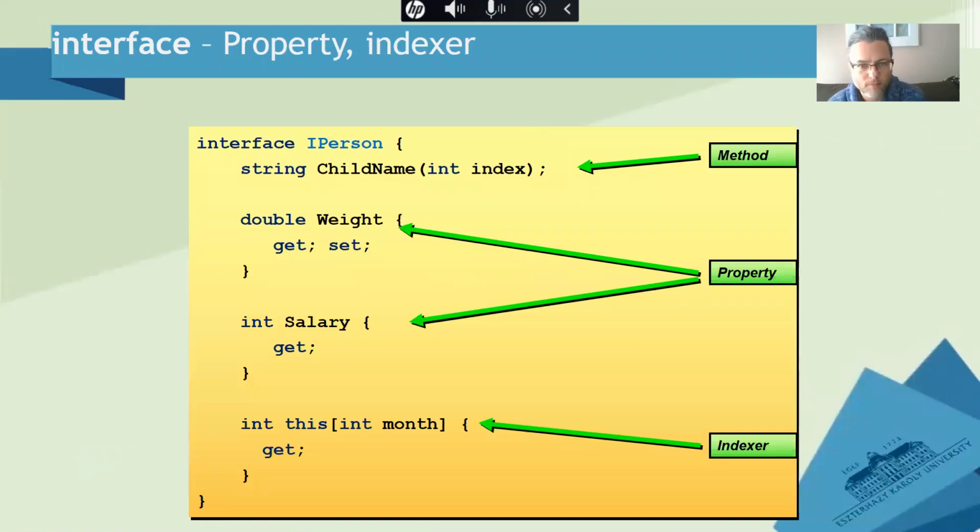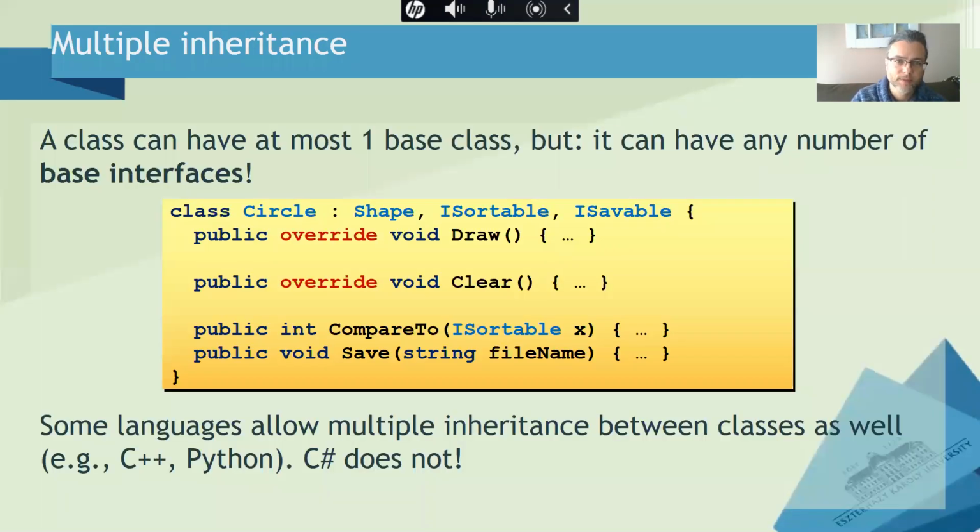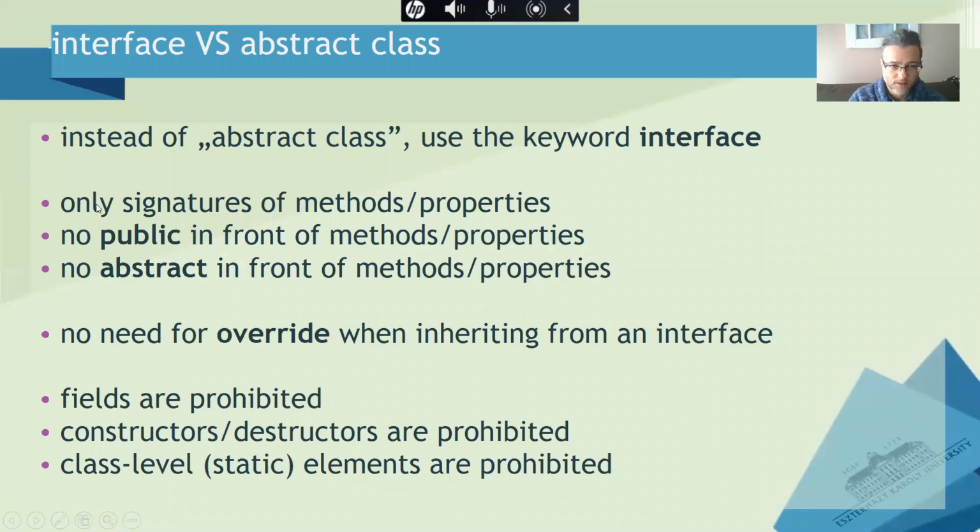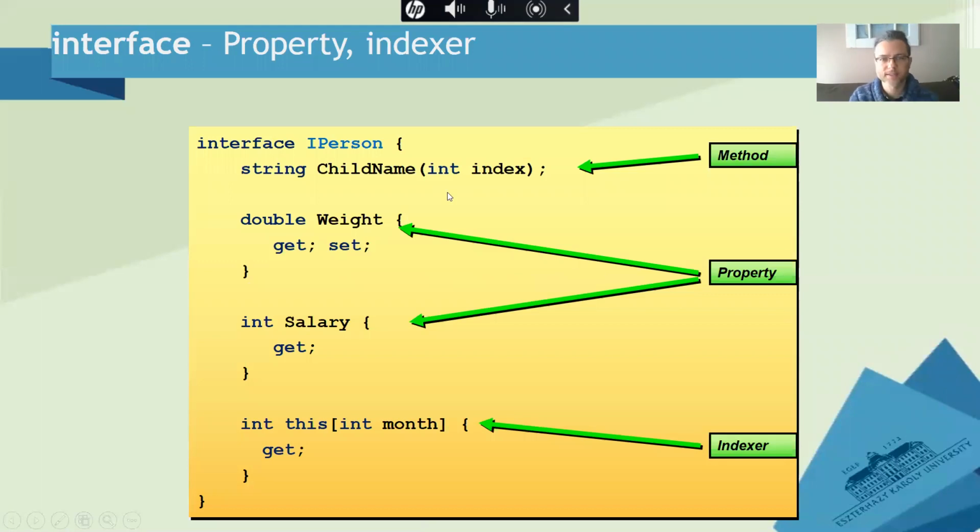Let's see a more complex interface. As I explained previously, an interface must consist of signatures of methods and properties. So here you can see such an interface. This is a method signature. These are property signatures.